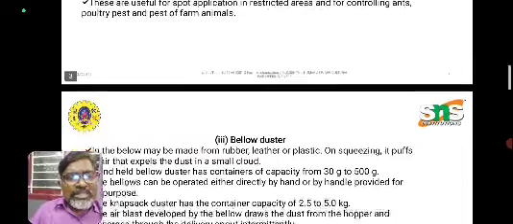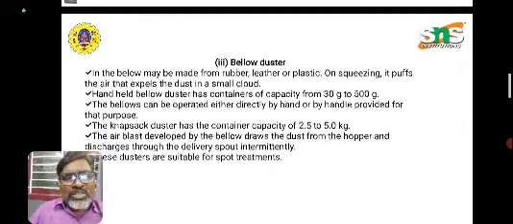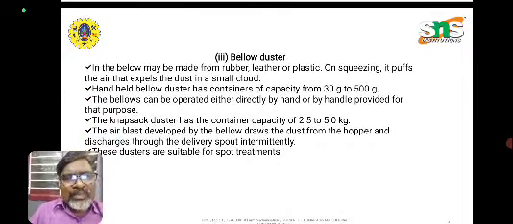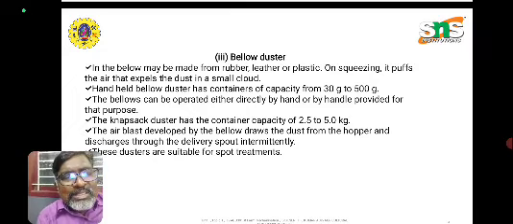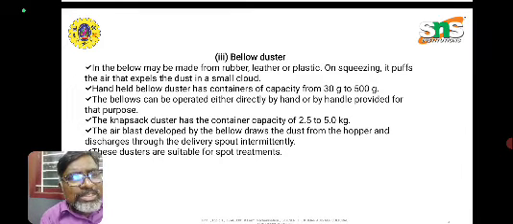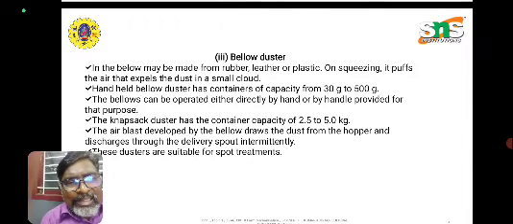The next type is the bellow duster. The bellow may be made of rubber, leather or plastic. On squeezing, it puffs the air that expels the dust in a small cloud. Handheld bellow dusters have containers with a capacity from 30 grams to 500 grams.